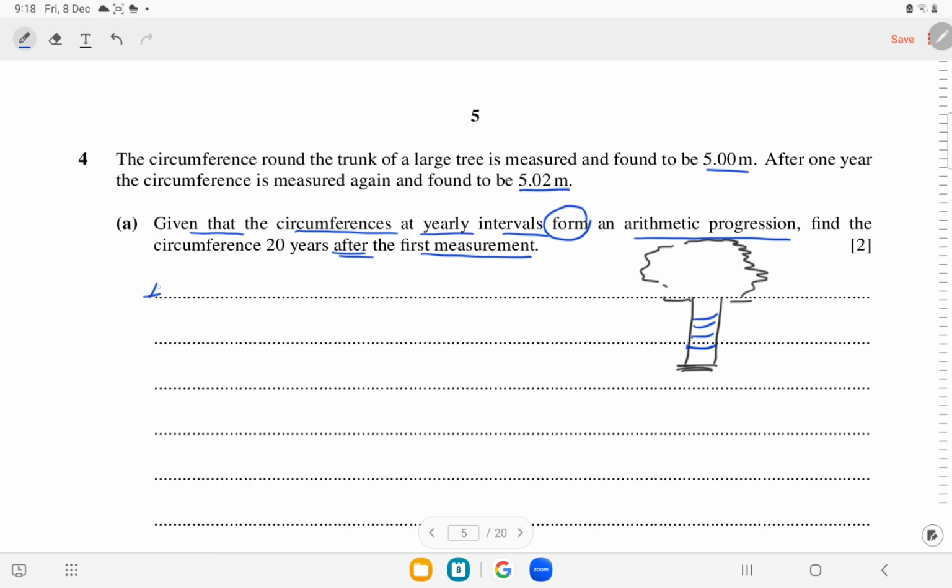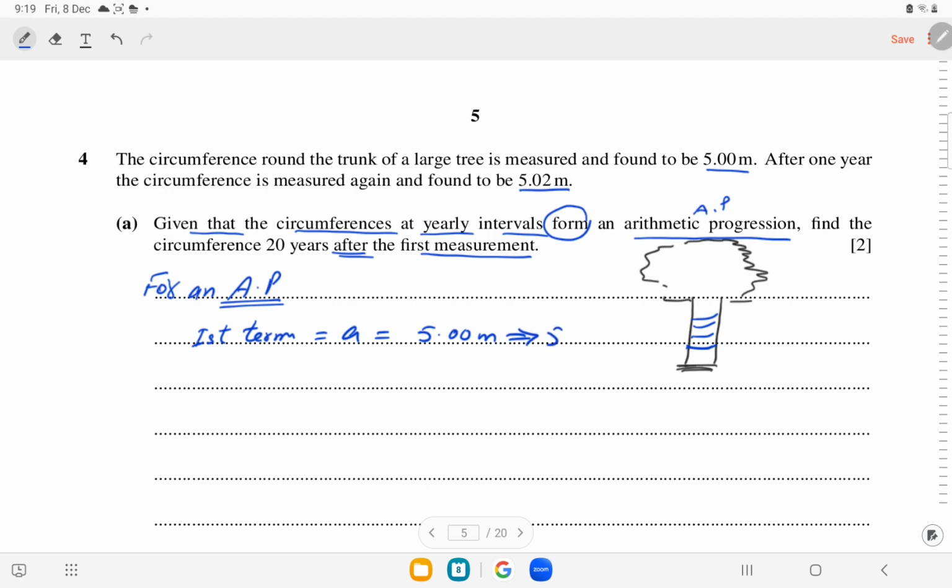So what was the first measurement in AP? This is a case study of arithmetic progression. For an AP, that is arithmetic progression, and it has been mentioned clearly here, AP. We are well aware that the first term is always represented by the letter a, that is given to be 5.00 meter, that is 5, right?